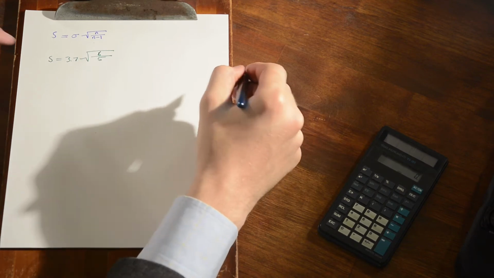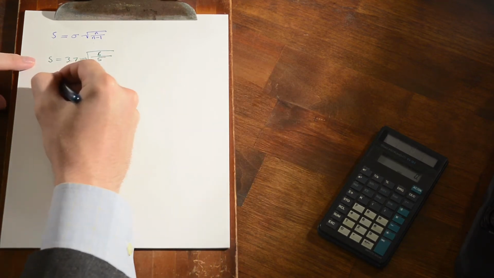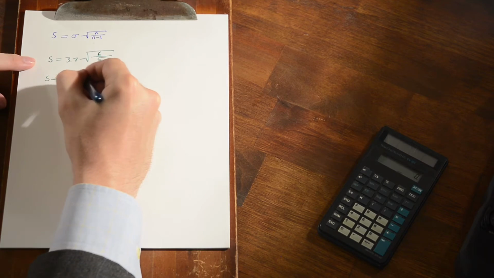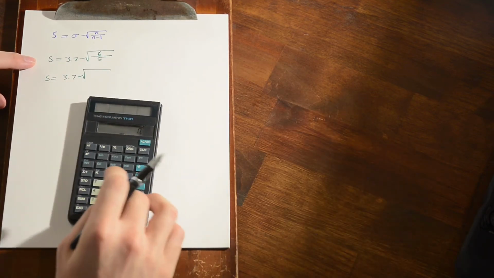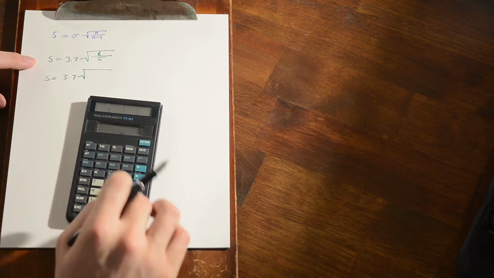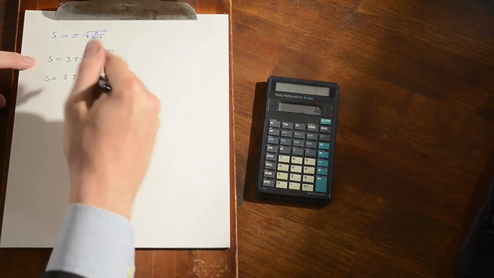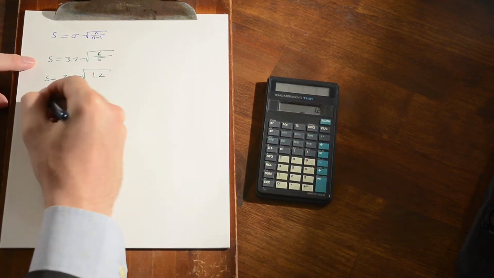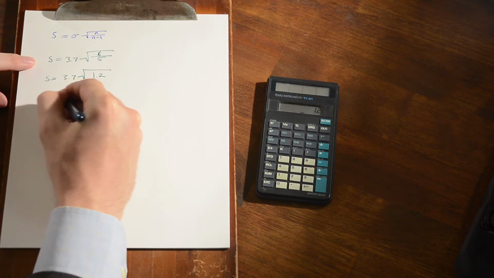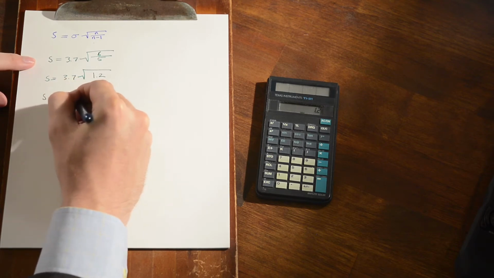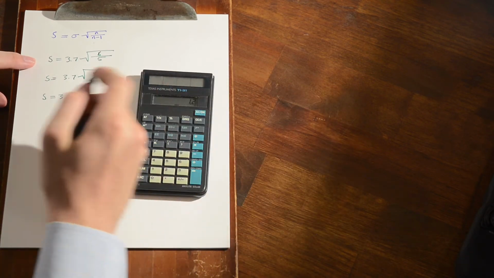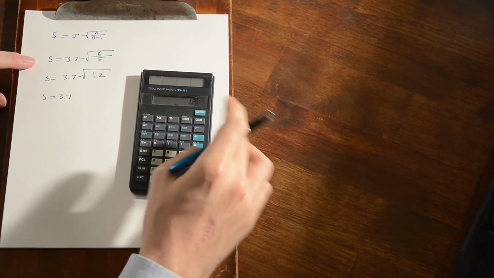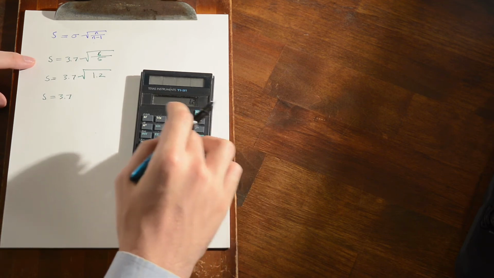Now let's go through our steps. So we have S is equal to 3.7 times the square root, and we're looking for 6 divided by 5, which is equal to 1.2. Now we go on to the next step. We're going to take this and turn this into something else. So we're going to take the square root.